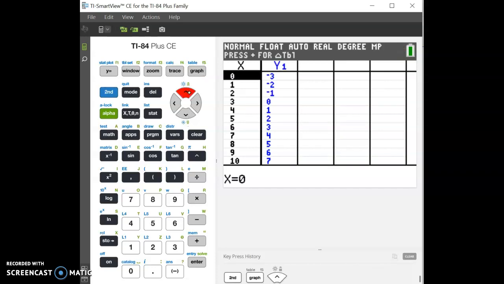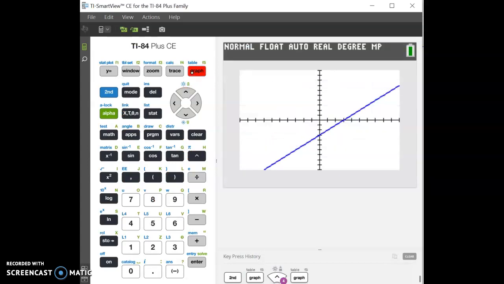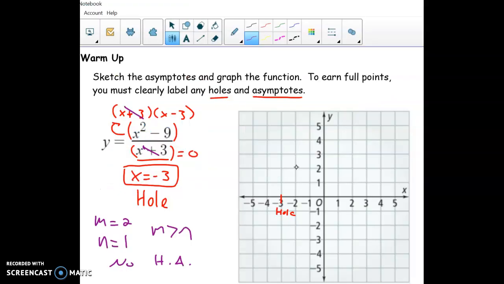If you go to x of -3, it'll give you an error because there's a hole. So when I draw it, I'm just going to draw approximately what I see in my calculator, and then right here at -3, I'm going to draw a hole because there's a break, a discontinuity, right there in the graph.